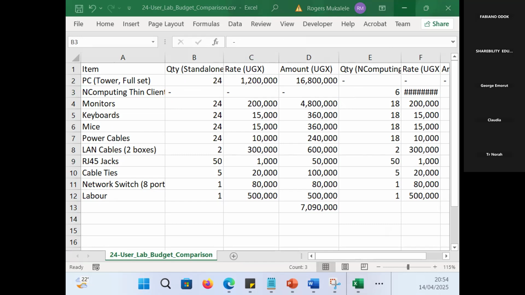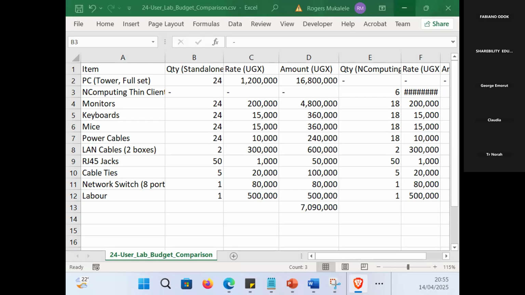Yes, I wanted to comment on the issue of in computing. Because I'm using in computing, whereby I have 30 computers and 2 servers. But the disadvantage is that when the server gets any problems, you will not be able to use the computers.